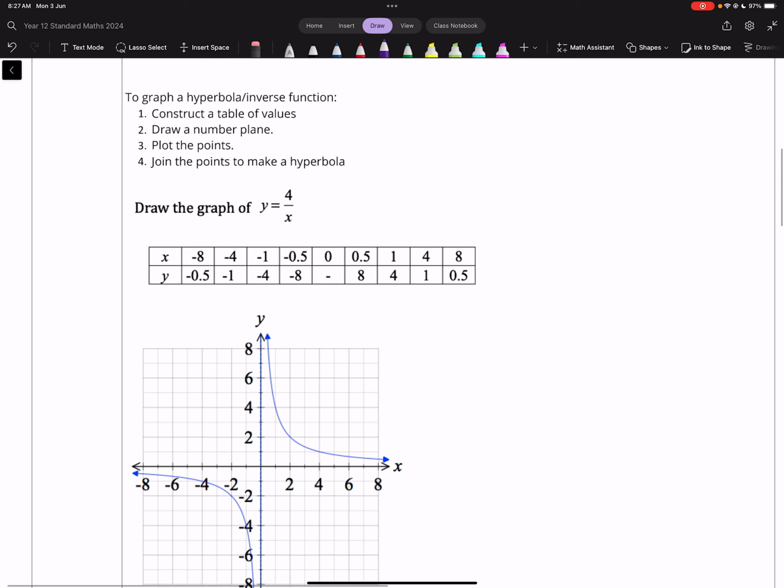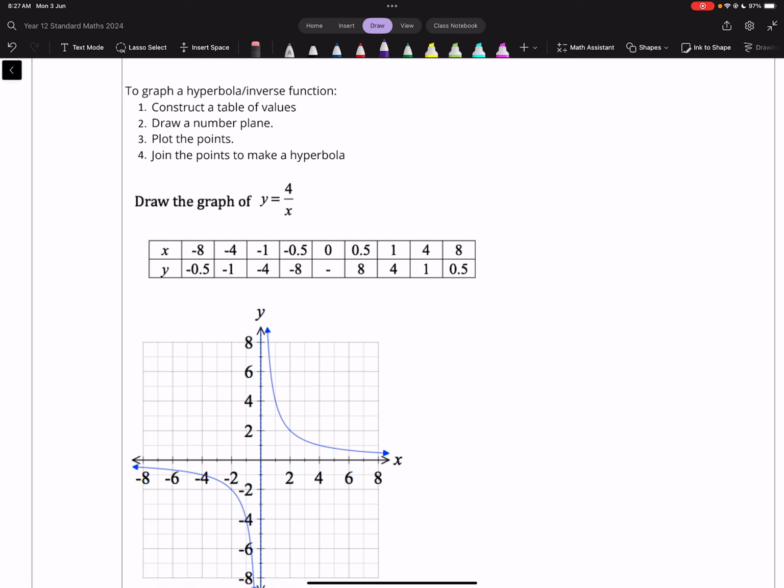We're going to be drawing these basically the same way we drew the other kinds of functions, by drawing a table of values. This kind of function, though, is probably the most difficult one in that we actually need to think a little bit about what values we need to use in our x, because of the way the function works.